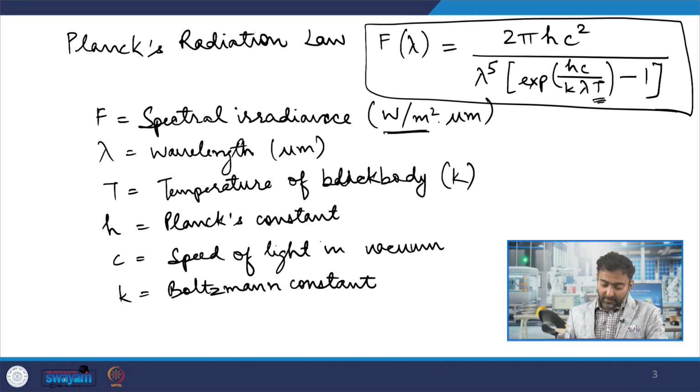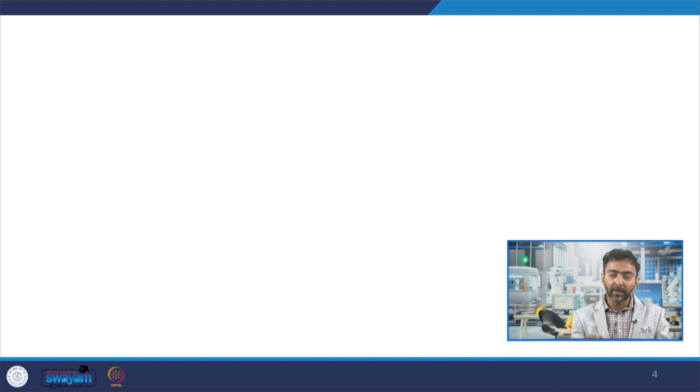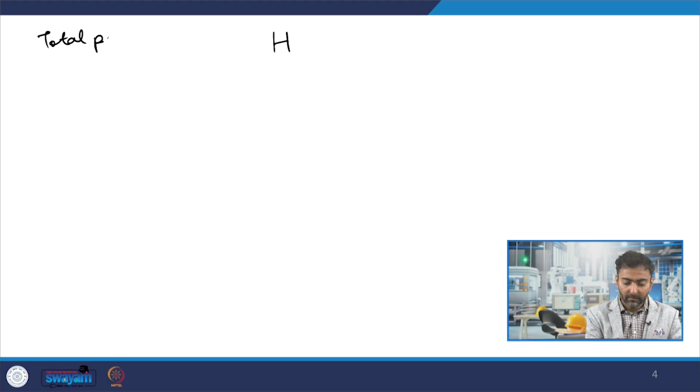But thankfully for us, someone else has done the difficult task for us. So let's look at that very interesting result. If I were to estimate the total radiation intensity, or the total power density, emitted by a black body, let's say that H is the total power density emitted by a black body.